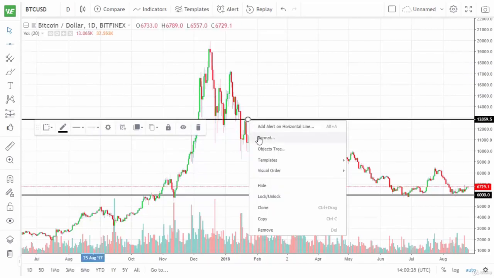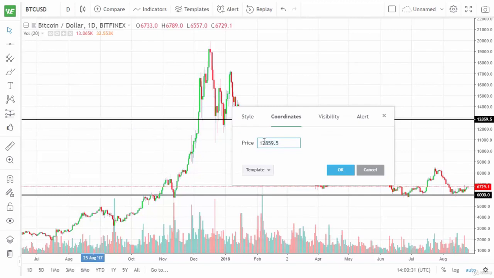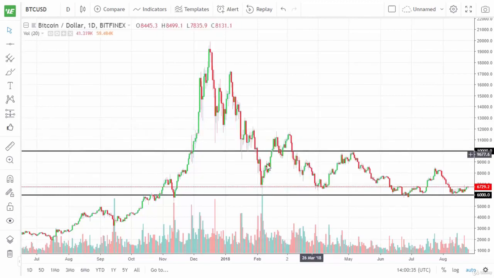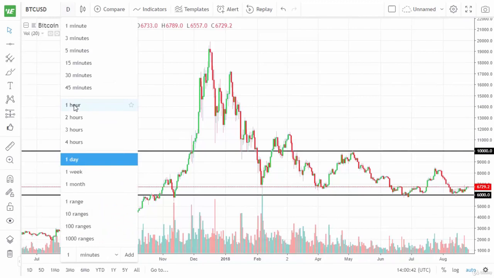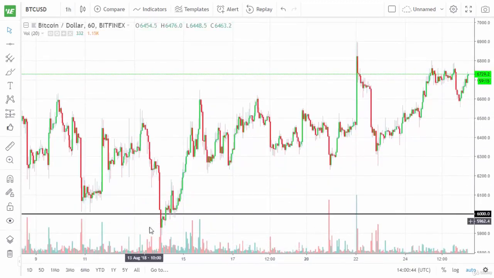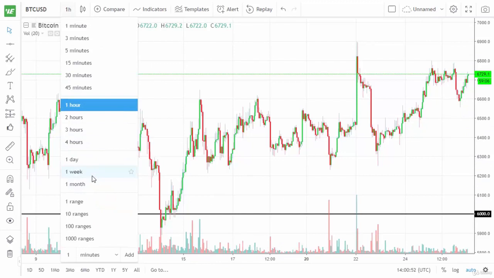An hourly support and resistance area is going to exist on shorter time frames, as I mentioned. But quite frankly, if you find these big levels and you trade from there, you can then drill down to a shorter time frame chart, and you can see that 6,000, the support on the hourly chart, was certainly a nice buy. That didn't change just because you changed time frames.